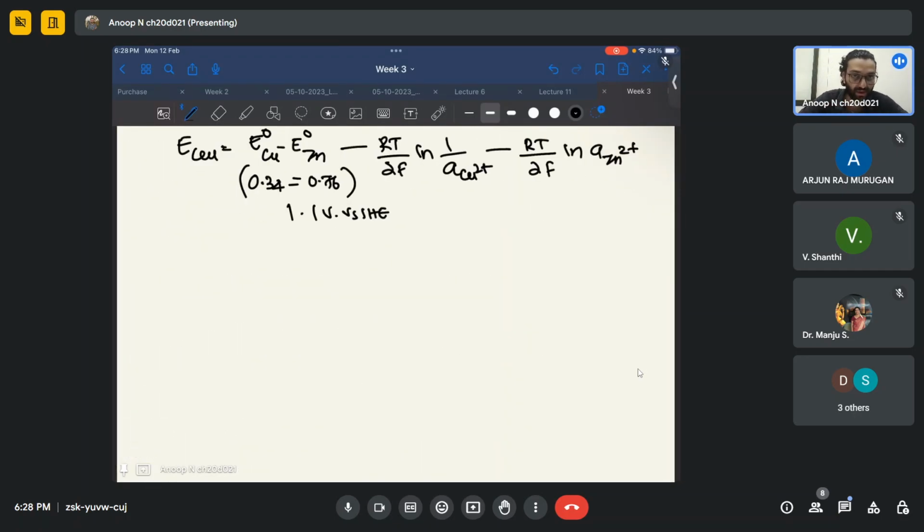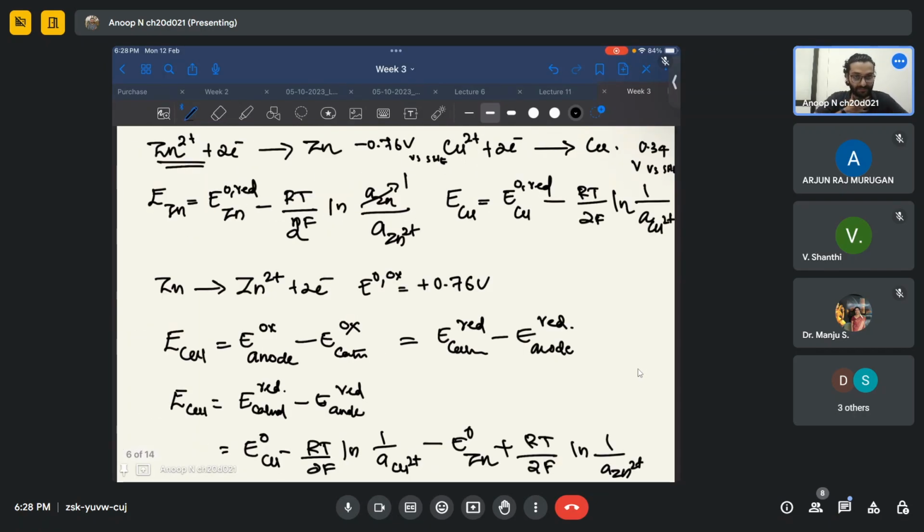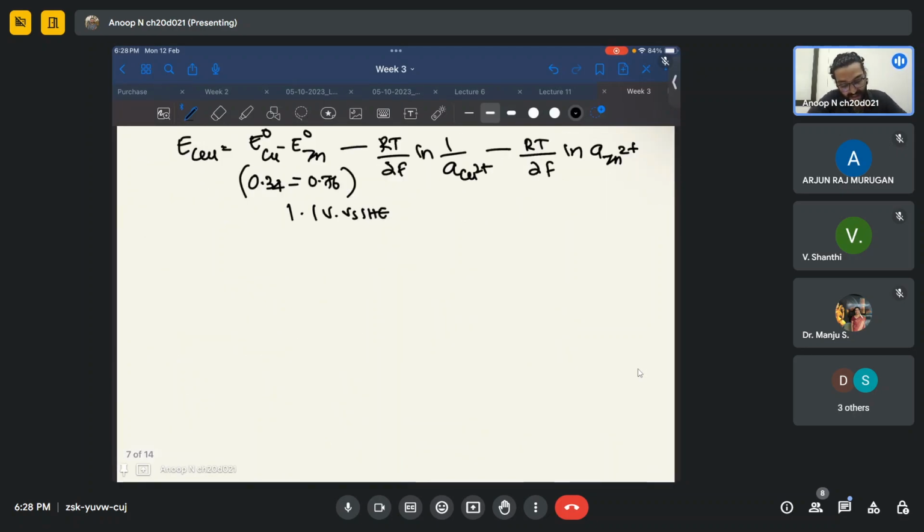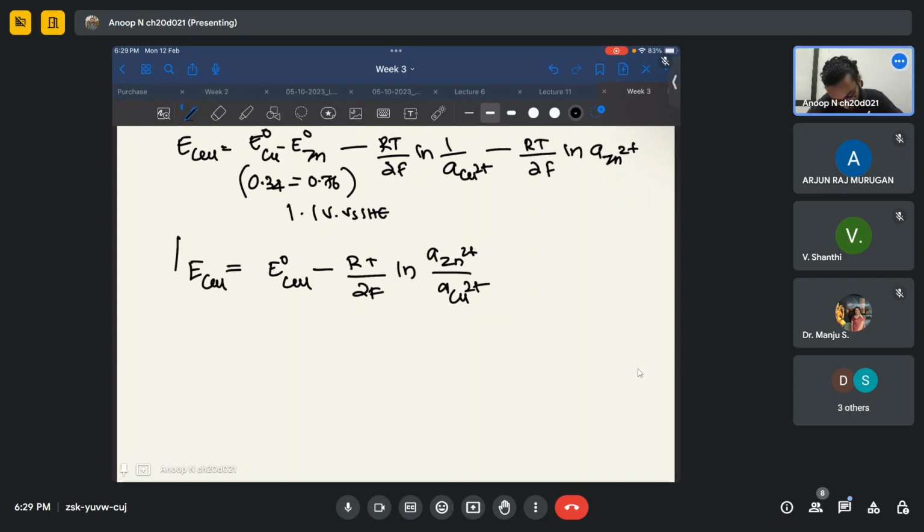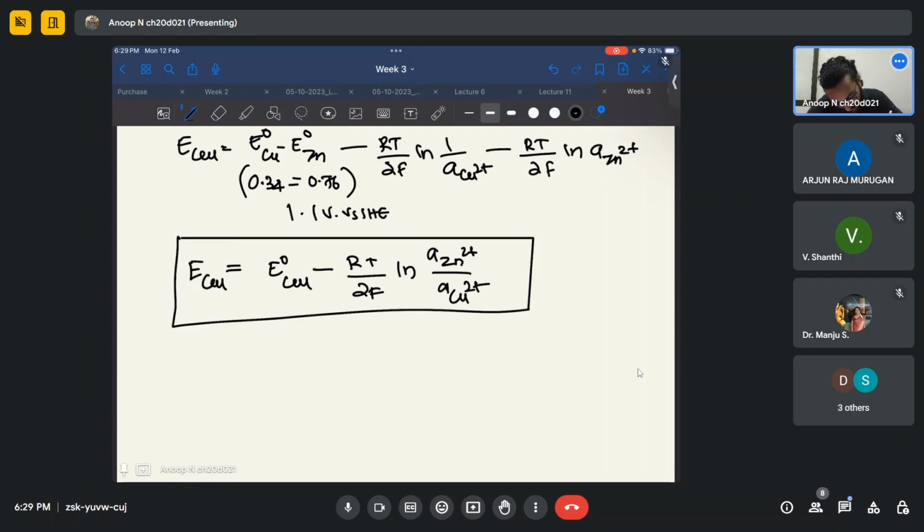Is it clear how I wrote like this from here? Any doubts? Anyone? So I just took the minus sign out and gave that sign here. So it's just rearranged. So it is equal to E0 cell minus RT by 2F ln of activity of Zn2+ divided by activity of Cu2+. This is E cell for a Daniel cell.